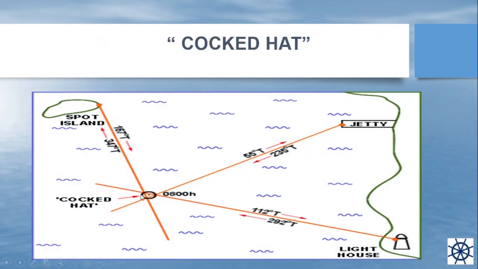So the cocked hat is the triangle formed by three lines of position. The middle area of the triangle is your probable position when taking three lines of position or bearings.